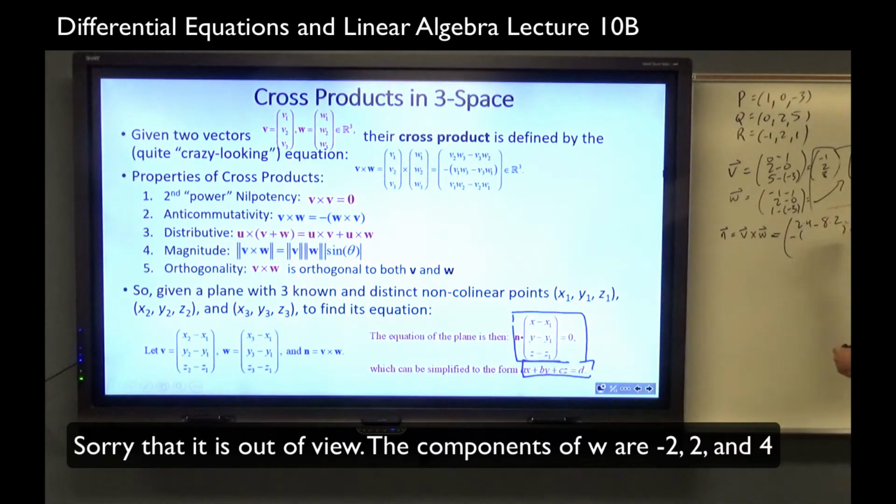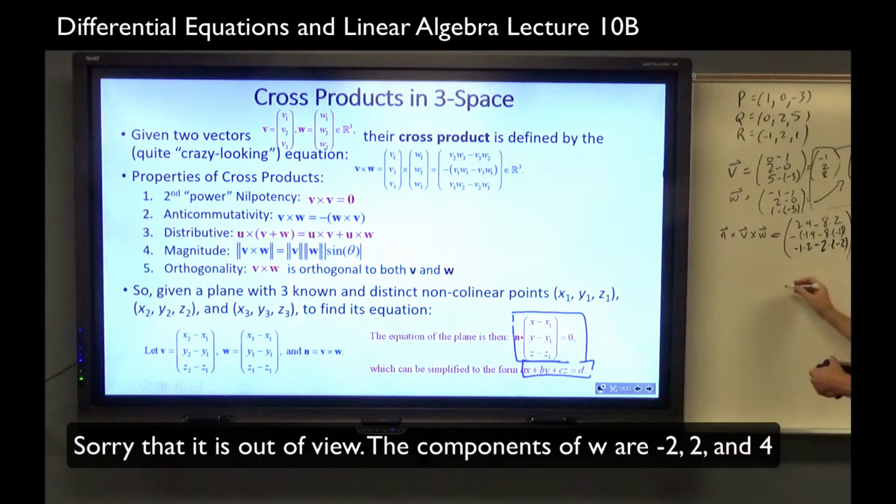Negative, in parentheses, negative 1 times 4 minus 8 times negative 2. And then finally, in the third component, negative 1 times 2 minus 2 times negative 2.